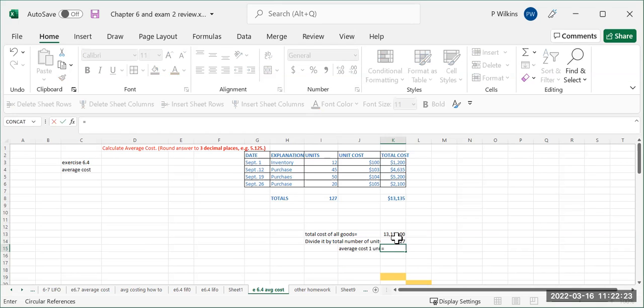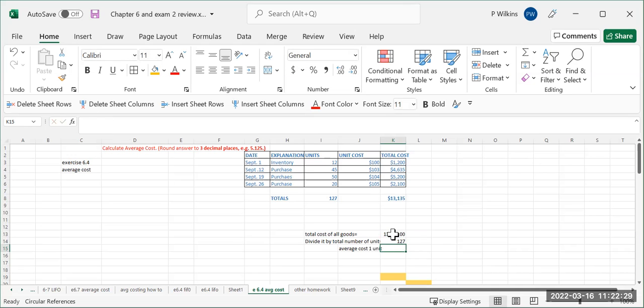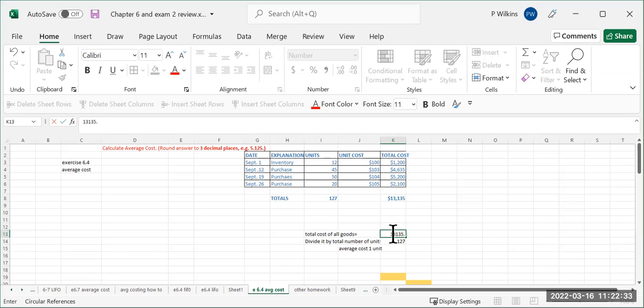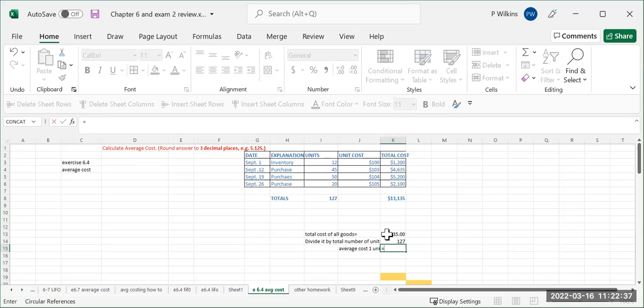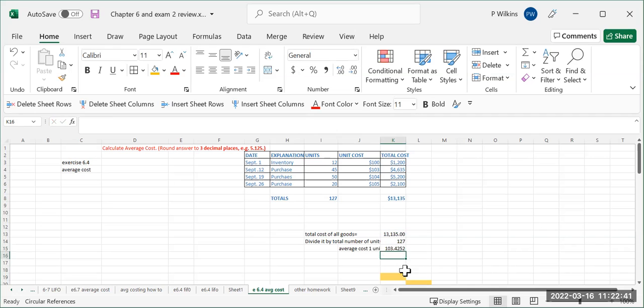I put 115, see what happens when you make a typo. 13,135 is the total cost of all the goods. 13,135 divided by the total number of units, so our unit price is 103.4252.